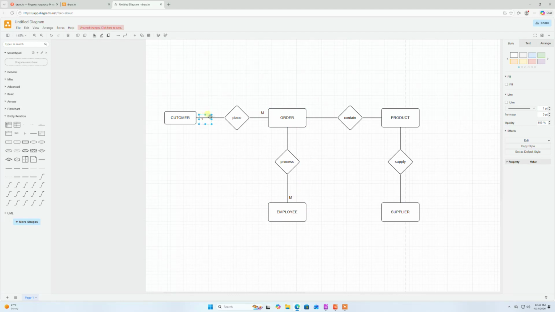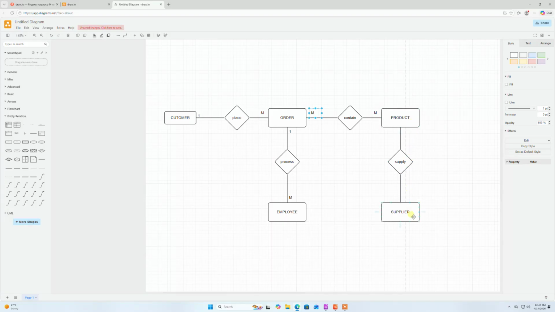This is called the cardinalities. And one order may contain multiple products, so this will again be one to many, and one product may be included in many orders. So here it will be a many-to-many relationship. And one product will be supplied by one supplier.